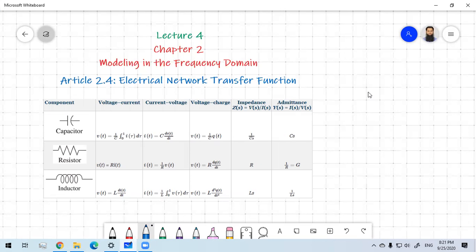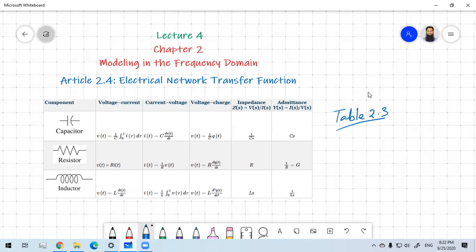This is our table 2.3. We already know most of these things, as well as their impedance, how to calculate the impedance and the admittance. The corresponding values are given.